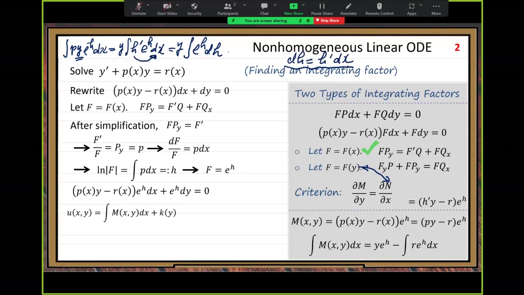So after we get this one, then we can write y e to the h. So that is the first term here. That's how we get the first term.